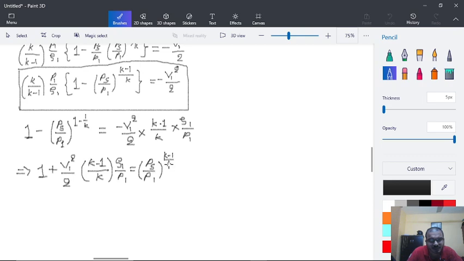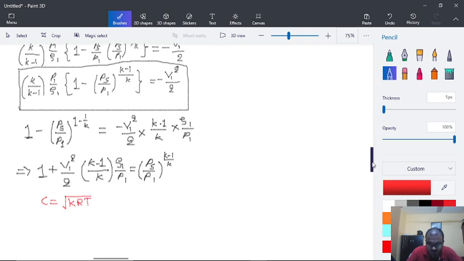So I hope you are getting this. We are doing simple mathematics here, and now let us do some other work. That is, C is equal to square root of K R T, that we all know.